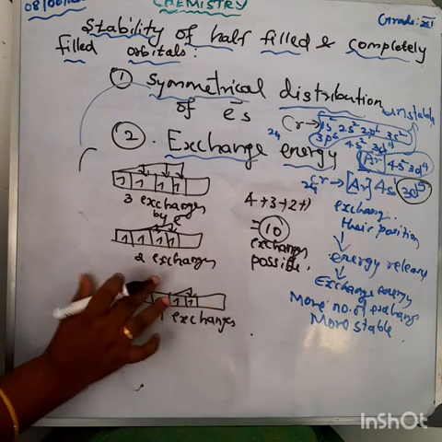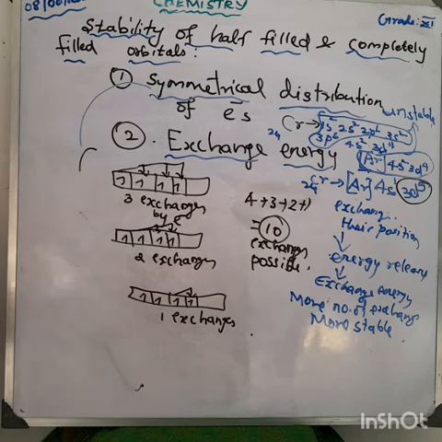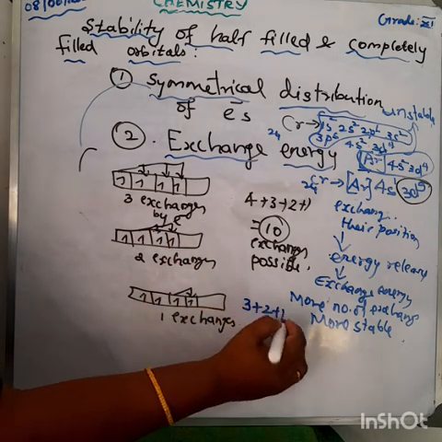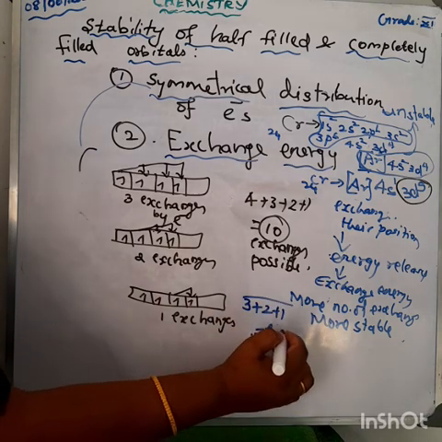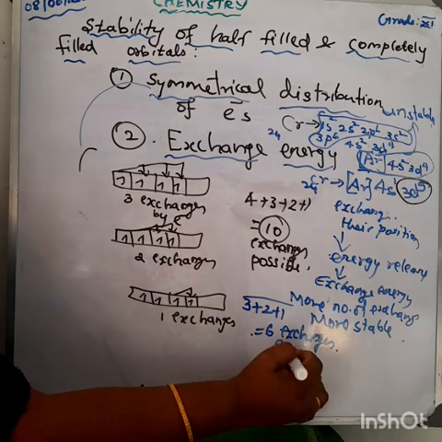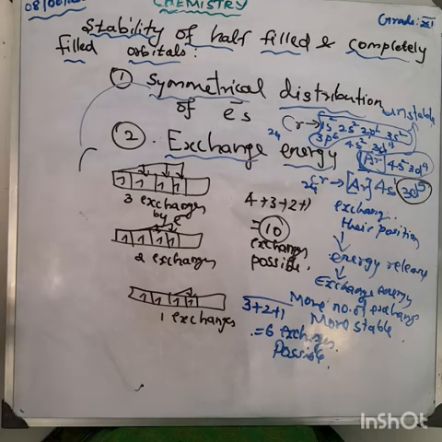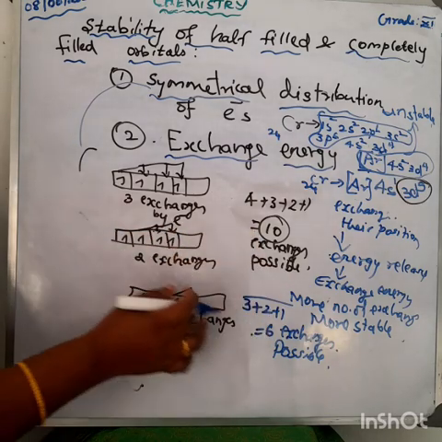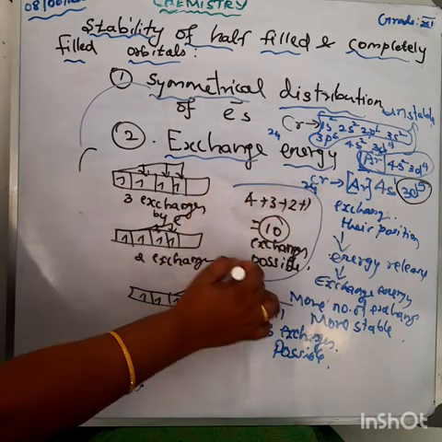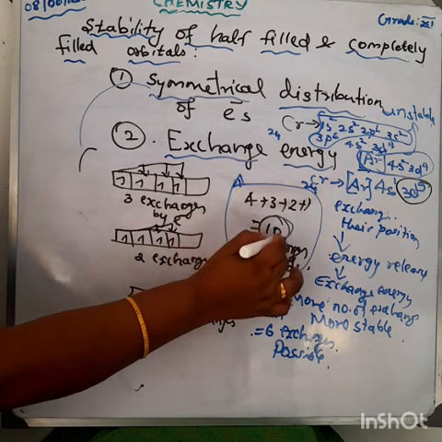The total is 3 plus 2 plus 1, which is 6 exchanges only for the partially filled configuration. So it releases less energy than the half-filled orbital configuration. In the half-filled orbital configuration, a greater number of exchanges is possible.